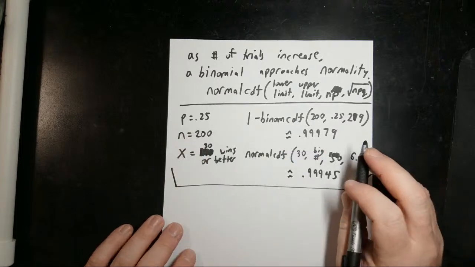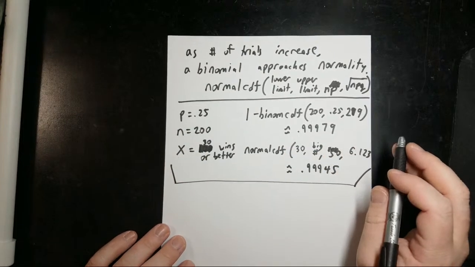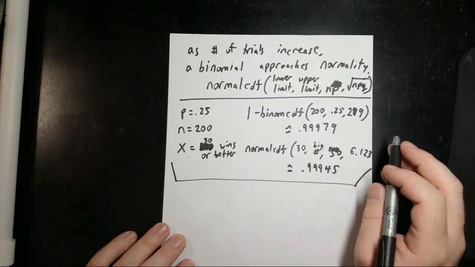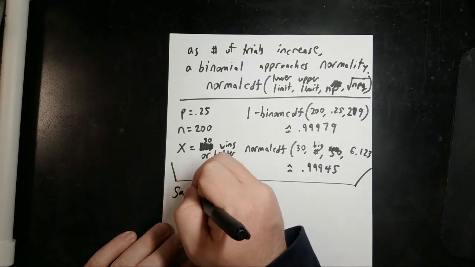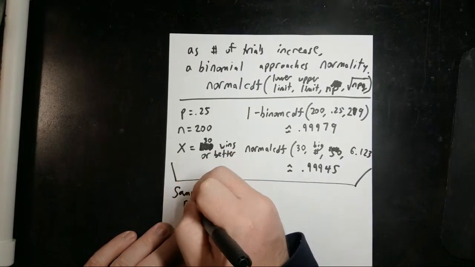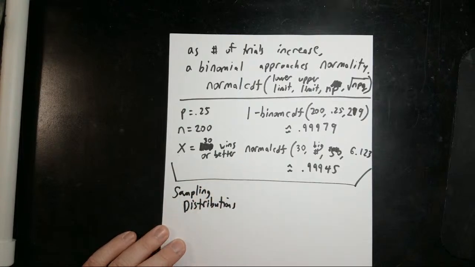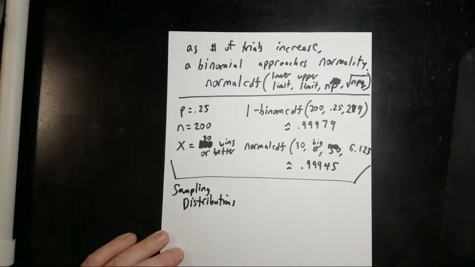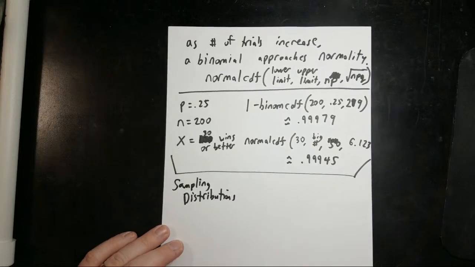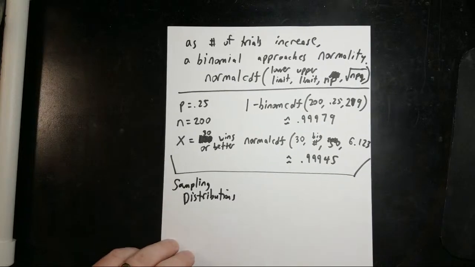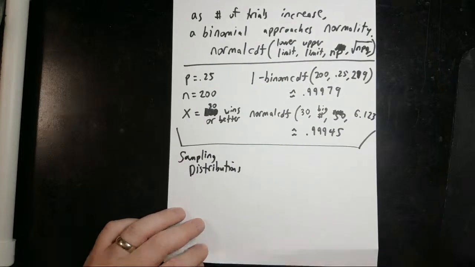Then we eventually got into sampling distributions. With sampling distributions, it talked about a sample being taken, and with that sample being taken, there are certain things that we can adjust in order to do certain calculations.